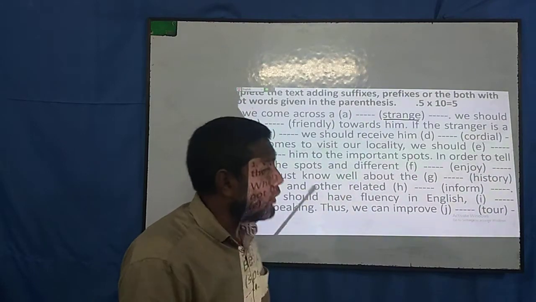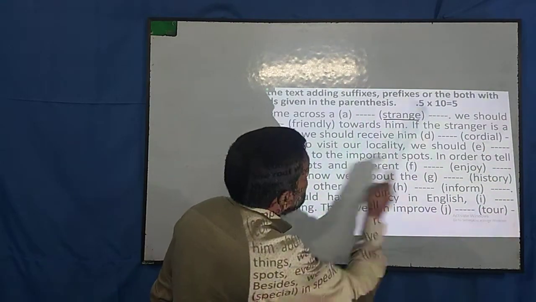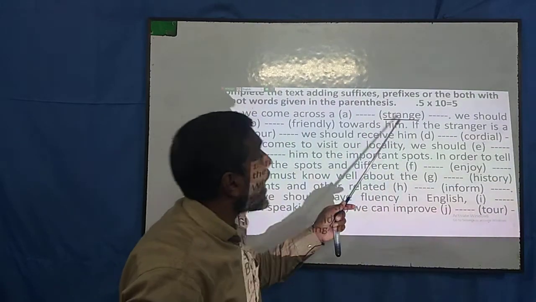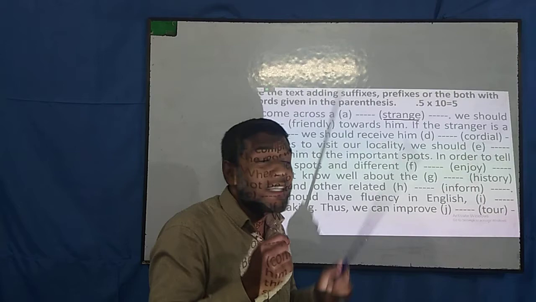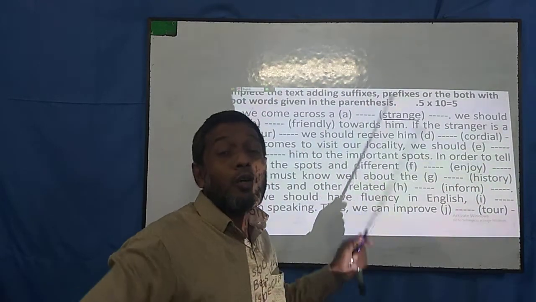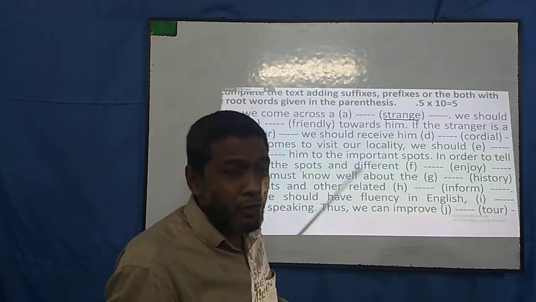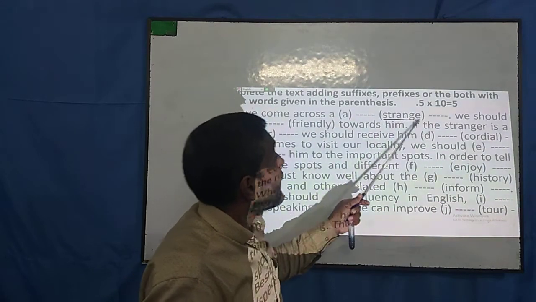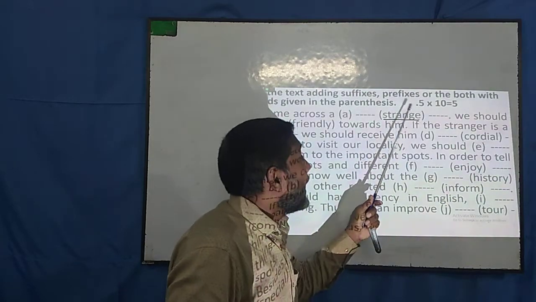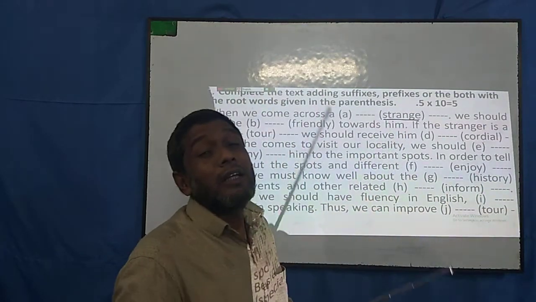So the technique will be, if the place is fixed for a noun, but in the parenthesis the given word is an adjective, what will be the technique for you as a student? Your technique will be to turn this adjective into a noun, then your answer will be automatically correct.